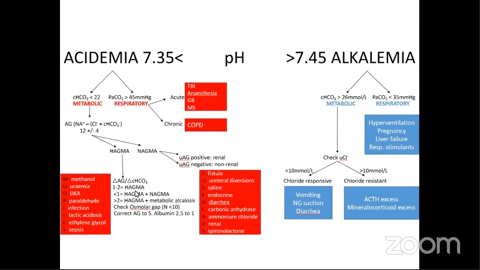In some situations, we have to check the osmolar gap. Osmolar gap, normally it's less than 10. And with elevation of osmolar gap, we can see it, for example, in toxic alcohol poisoning.